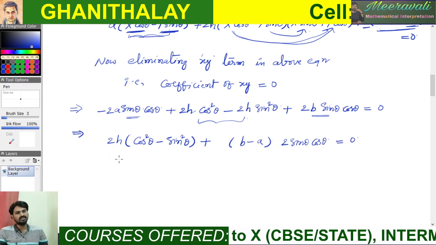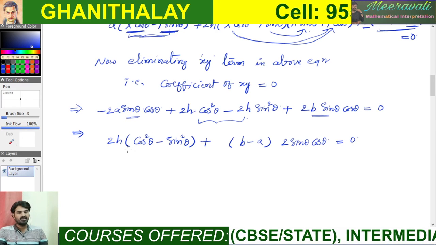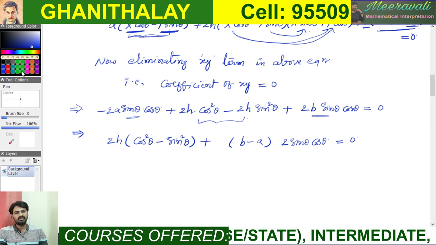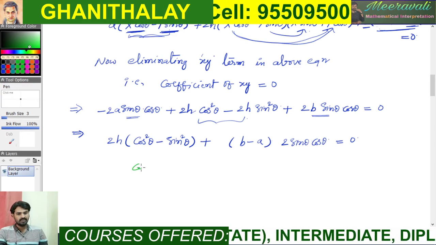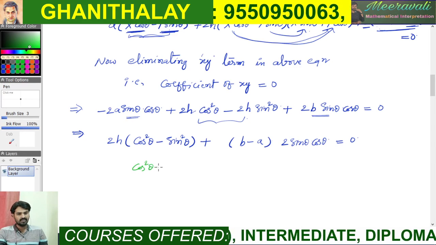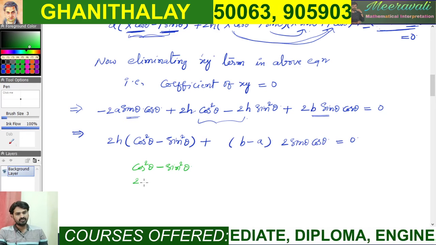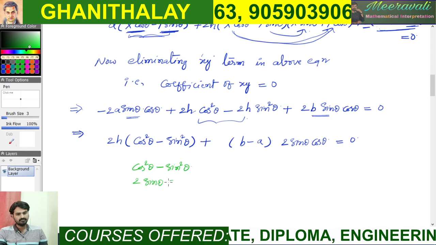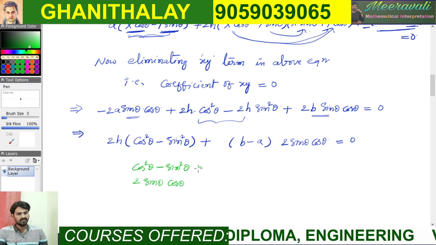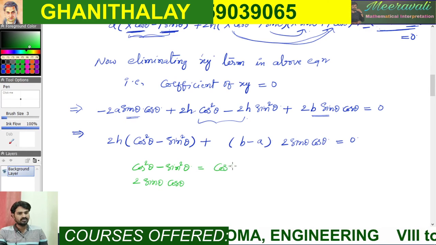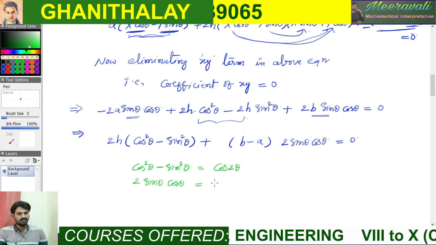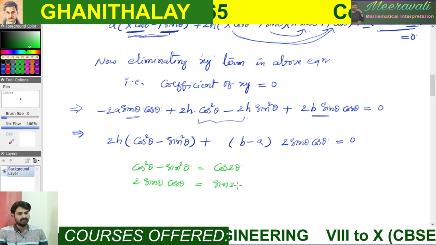is equal to 0. Okay students, here you have to remember two formulas in trigonometry. In trigonometric functions, cos square theta minus sin square theta is there, and also 2 sin theta cos theta. This is the formula for cos 2 theta, and this is the formula for sin 2 theta.